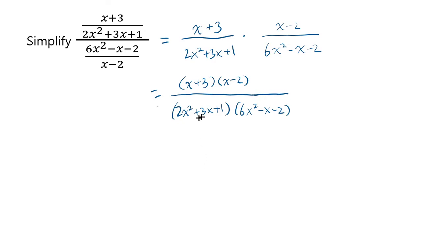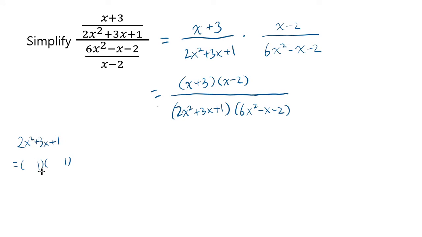Now let's try to factor these and see if we get anything. So 2x squared plus 3x plus 1. You can factor this by grouping, but I would suggest that you just do trial and error. Sometimes this is faster. Because if you have a 1, it has to be 1 and 1, or negative 1 and negative 1. But if it's negative, negative, the middle number should be negative.